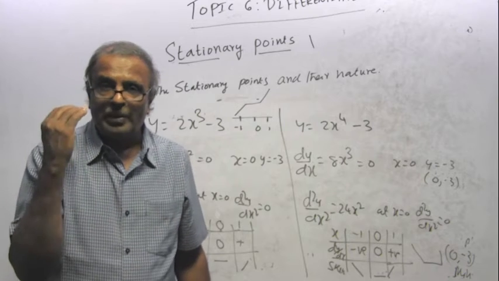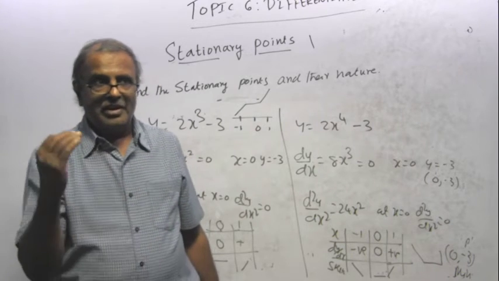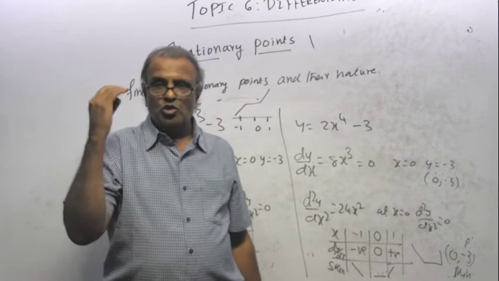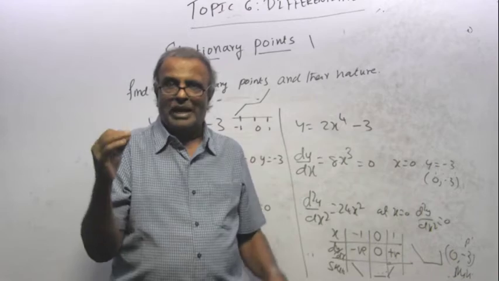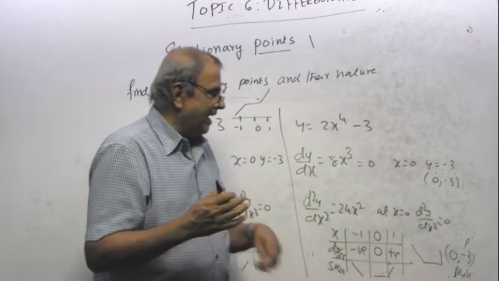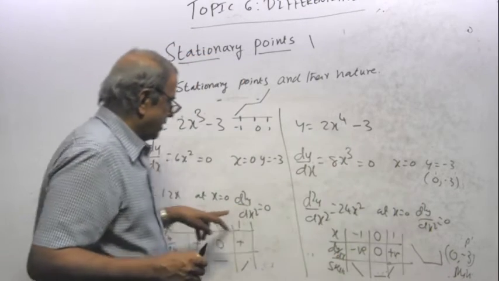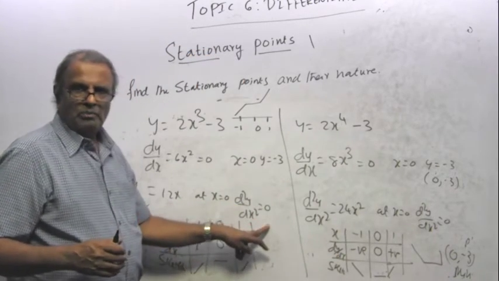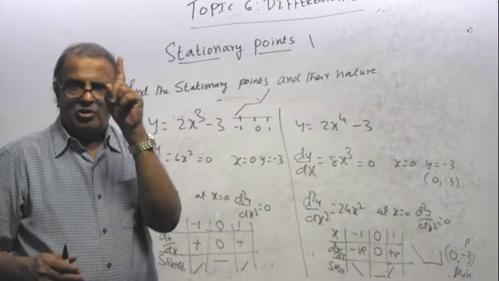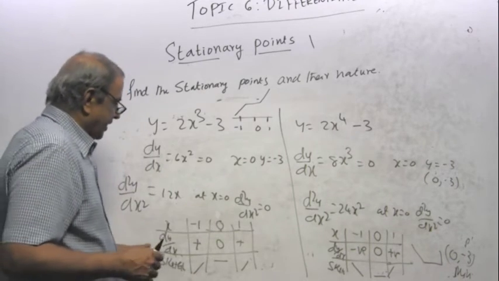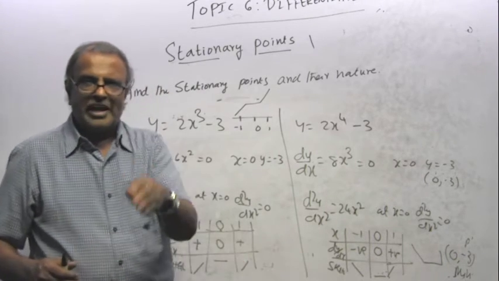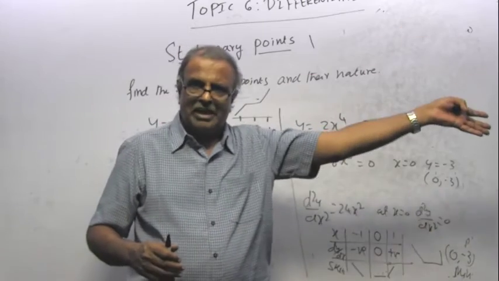So, what do we learn from this? The test using d squared y by dx squared fails when d squared y by dx squared becomes 0. In that case, you have to use a gradient table to decide maximum or minimum or inflection.